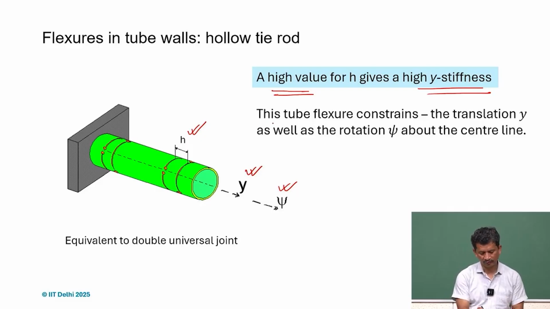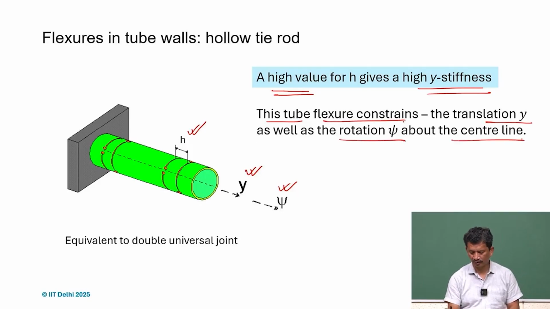So if you take this tube, the constraints are basically the translation y and the rotation psi about the center line. The remaining four degrees of freedom are there, except the translation y and the psi along the center line.